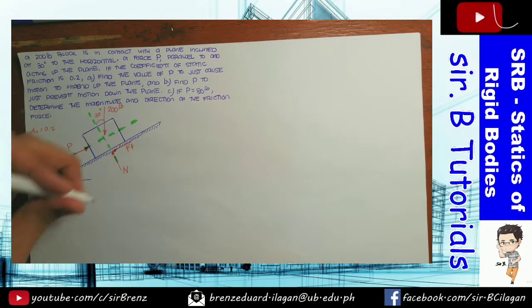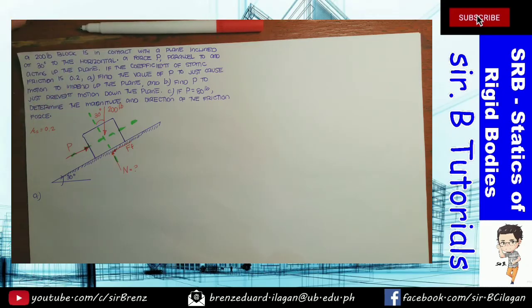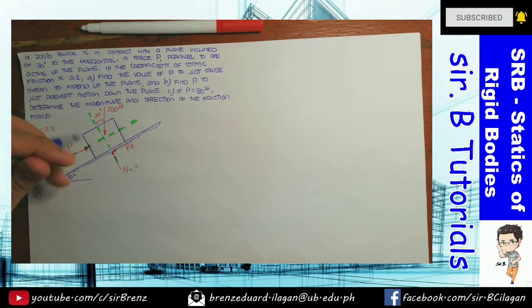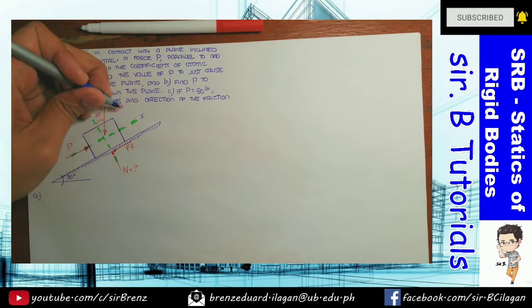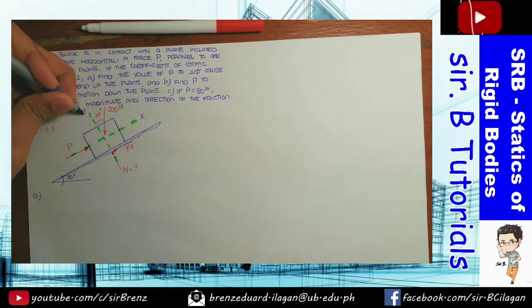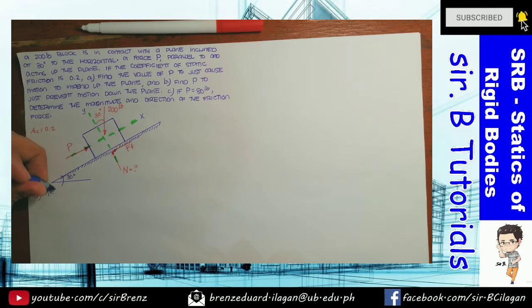Let's determine first the value of your normal force or the normal pressure exerted by the block on the inclined surface. To solve for N, ito yung gagawin kong x-axis and ito will be your y-axis. We just need to take summation of forces ng y, assuming in this direction as positive, equals to 0.